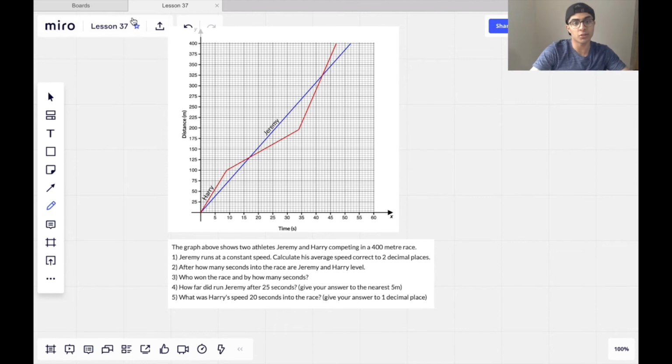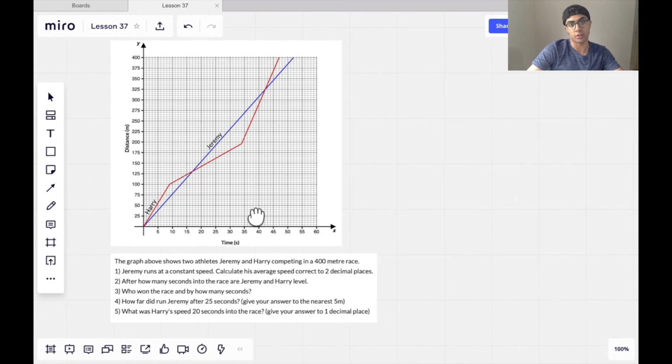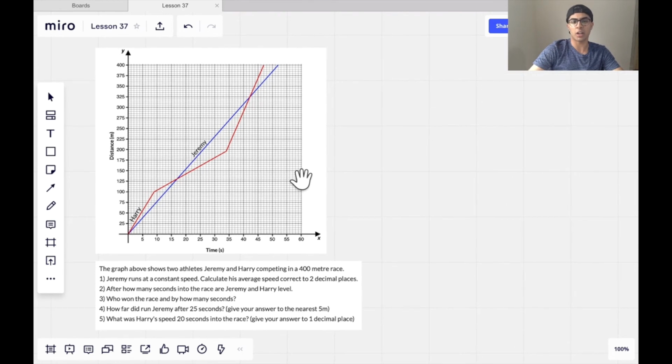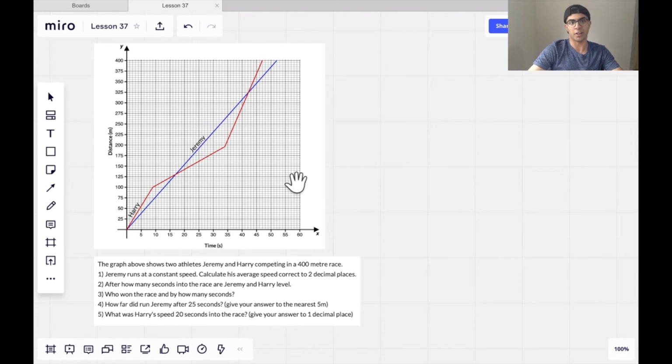Okay, this looks like a distance time graph. There's a bit of theory we need to know for a distance time graph, the kinematic stuff I mentioned before. I'm not going to go into the reason why this is true, that would be a physics lesson, so if you're interested, I'm sure there's a physics video for that. But basically, let's think about what the gradient is.